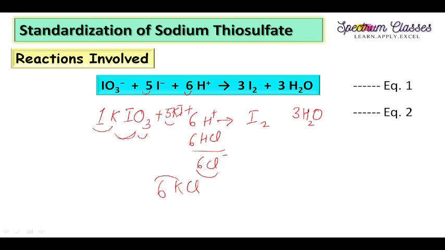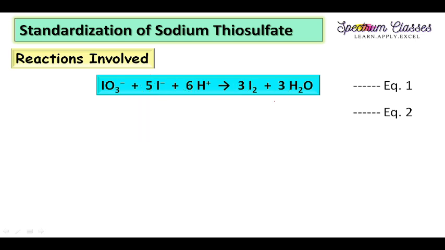So 5K from this and 1K from this, so 6K will come in this manner. Now we are just going to add our iodines. There are 6 iodines, I2 is there, so multiply this by 3. So I hope you get it: this is 1, this is 5, this is 6, and this is 3, and this is again 3. So I hope you know from where these coefficients come in this equation.